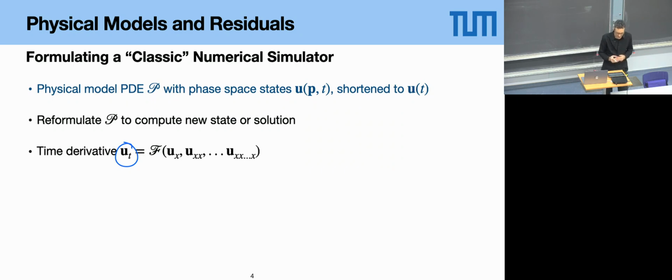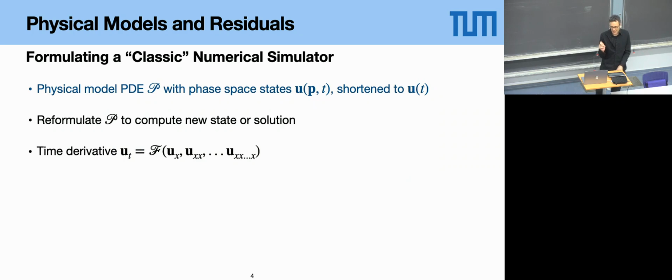So the u_t here means you just take the change of a quantity u over time and formulate it as a combination of different spatial derivatives. Could be any order, typically maybe first or second order terms, but we have all kinds of derivatives in space that tell us how to update our quantity u in time.